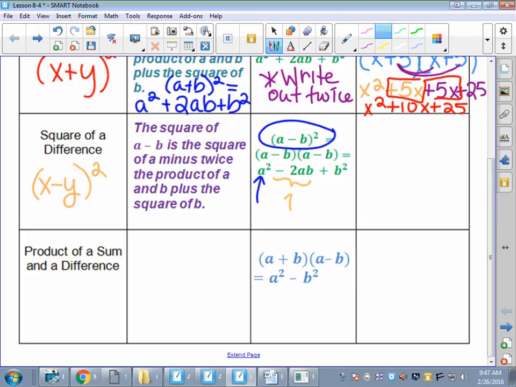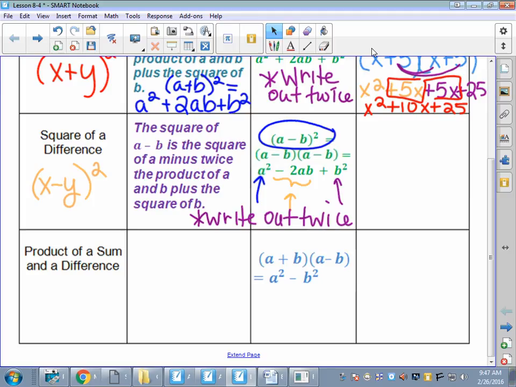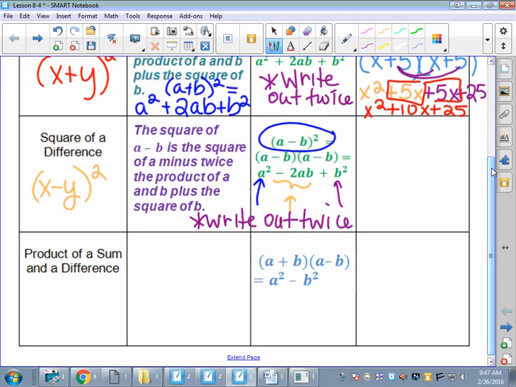So notice it's a negative, minus 2ab, plus the square of b. I never remember that, so I'm going to tell you, same for this one, write out that difference twice. FOIL it. If you get the pattern, if you understand it, please do it. If you don't, worry about it. Just write it out 2 times and do the math.